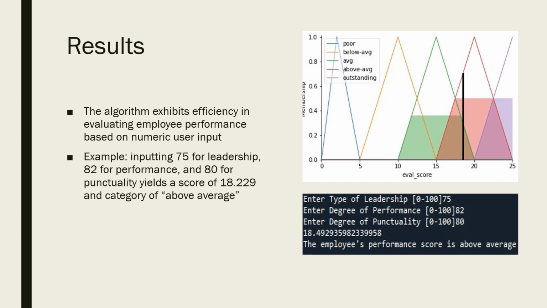We can visually see this in the illustration, which shows that the membership value is 0.7 for our score, which causes the score to fall in the above average category rather than the average category because they do overlap.